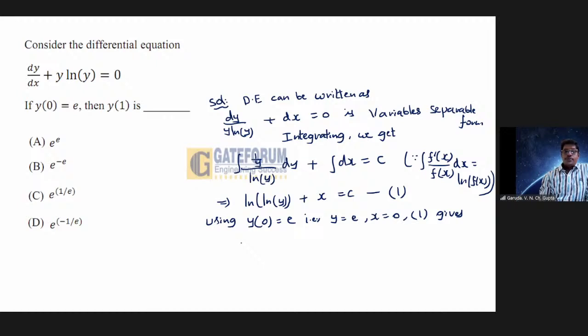So this simplifies to 0 plus x value 0 is equal to c, simplifies to c is 0, since log e value 1, natural logarithm, and log 1 value 0. Next. Therefore, log of log y plus x is equal to 0.